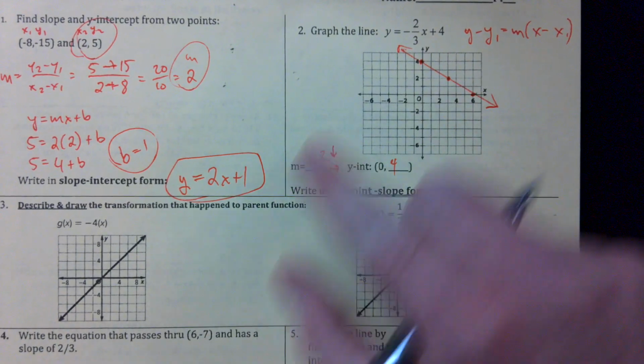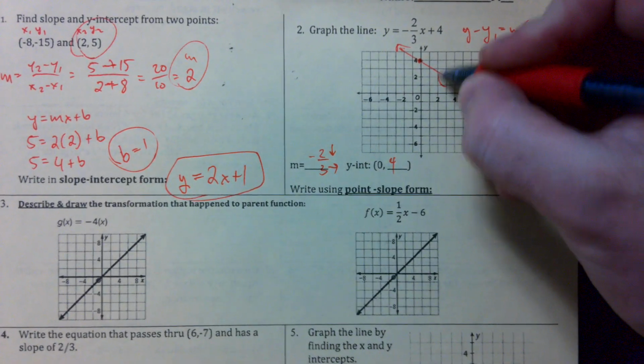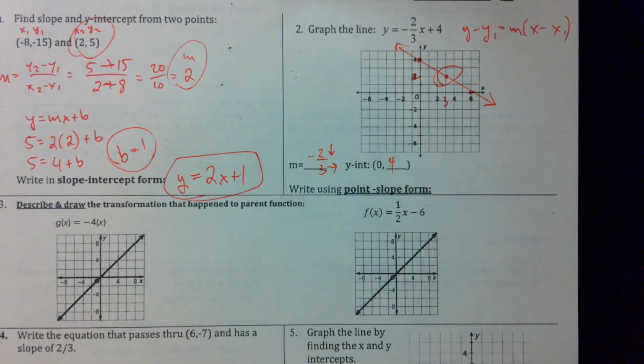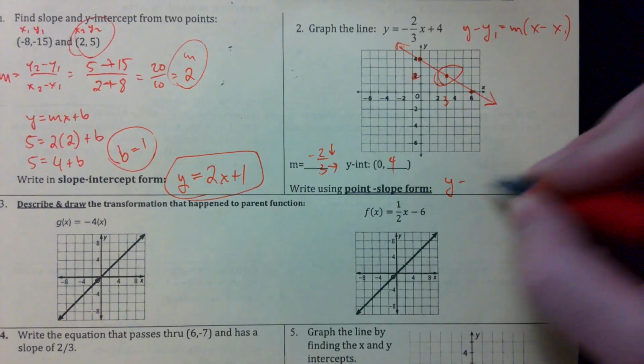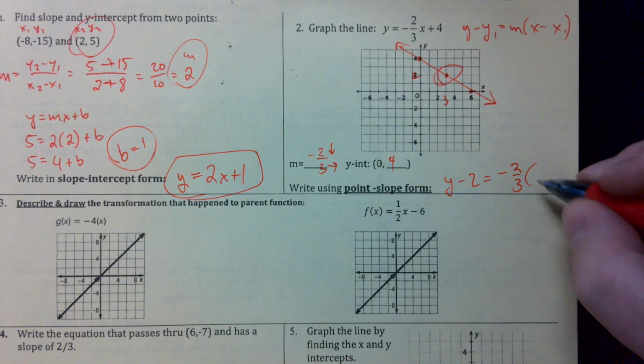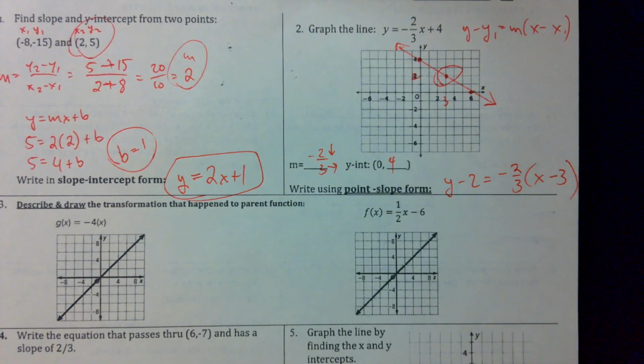There's a bunch of different answers we could have here. If I take this point at 3, 2, I would have the equation y minus 2 equals negative 2/3 times the quantity of x minus 3.